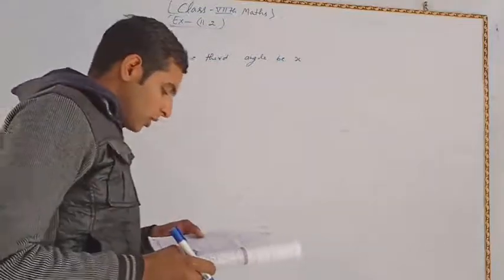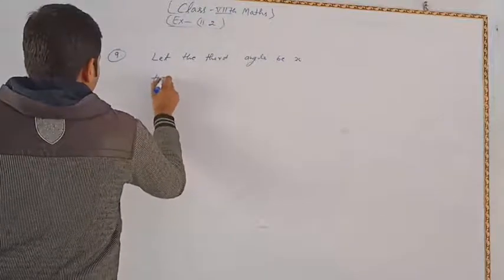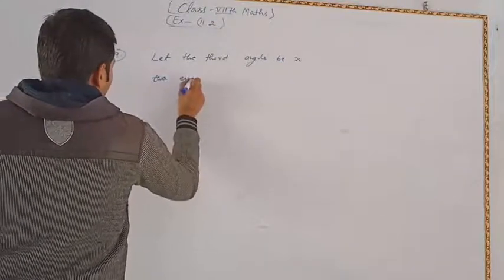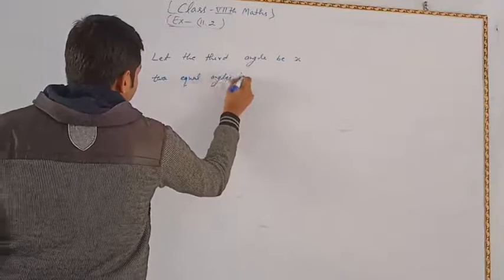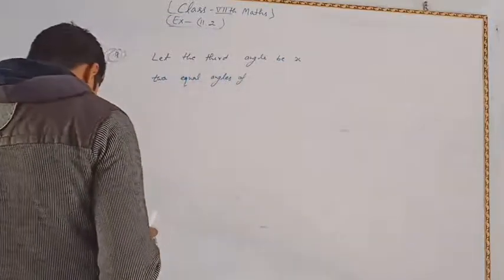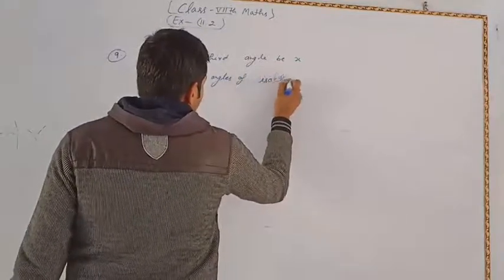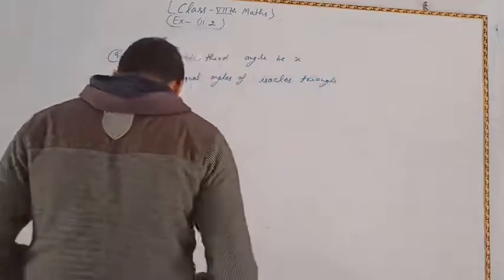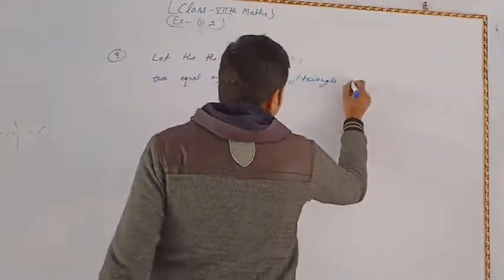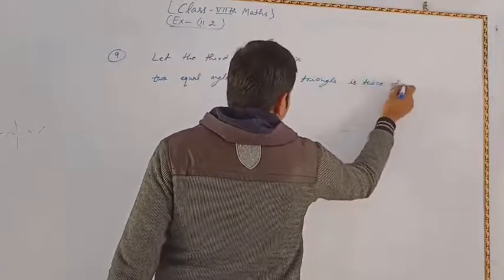Here it is given that each of the two equal angles of an isosceles triangle is twice of x.